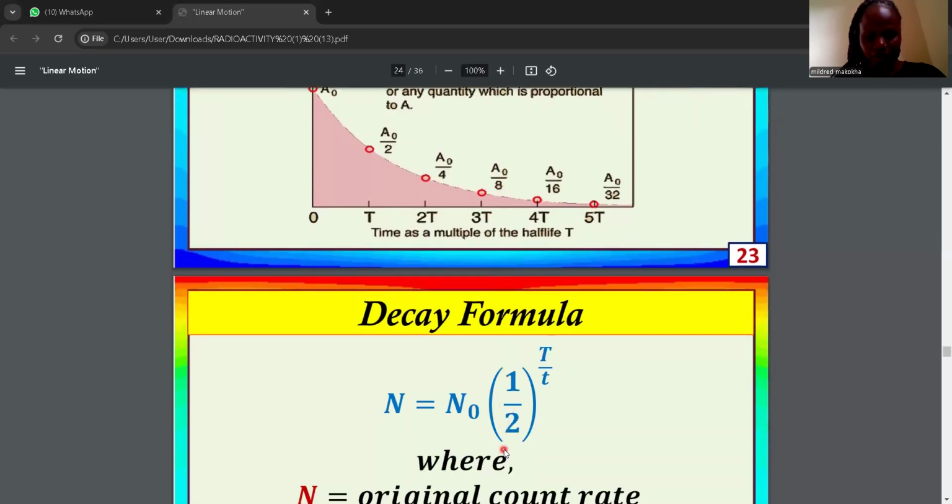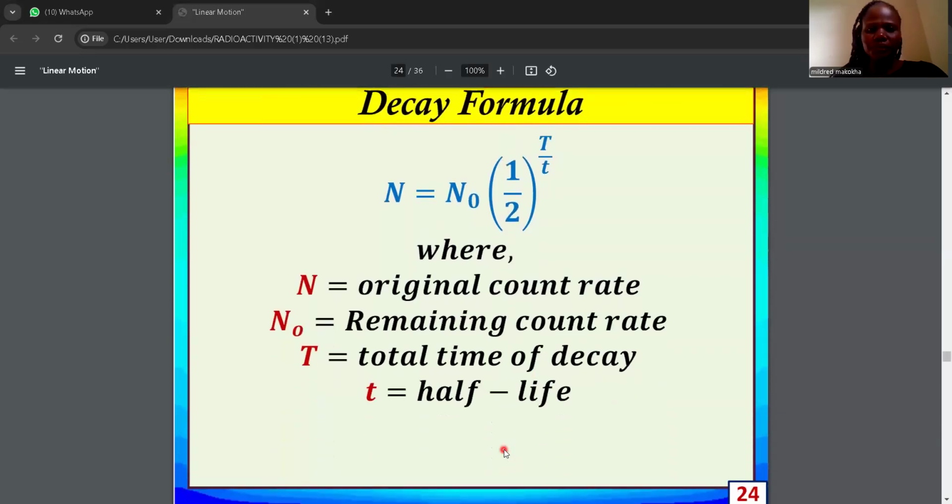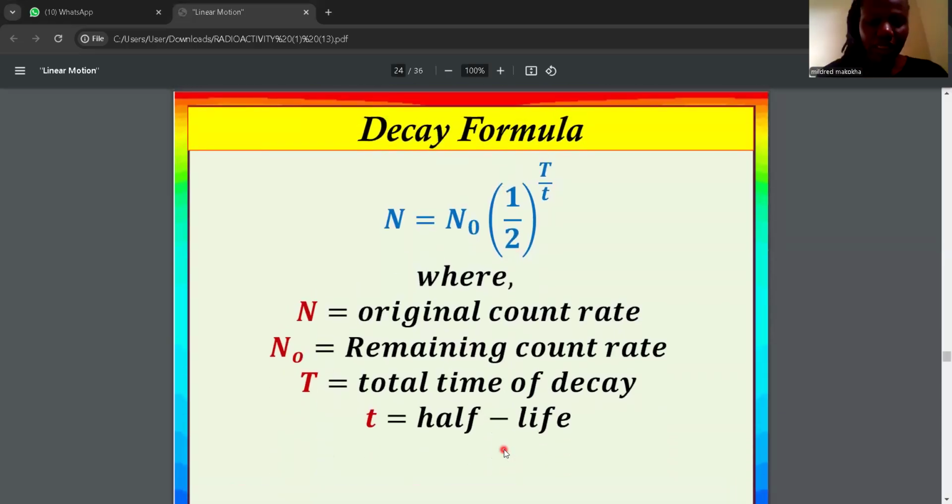I've already mentioned that. So there are some calculations that can be done for radioactivity using the decay formula. And that is the decay formula. N is equal to N naught times a half to the power of capital T over small t, where, be attentive because I think I've interchanged something here, N is the remaining count rate and N naught is the original count rate, sorry.